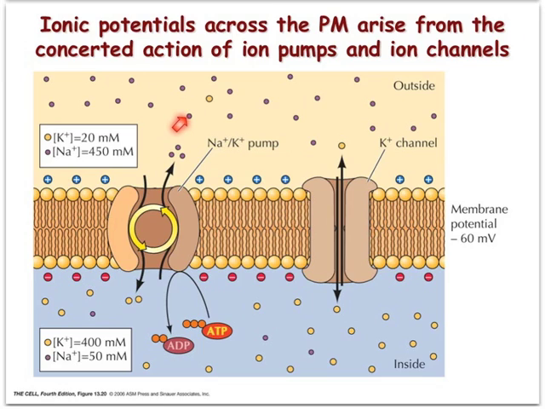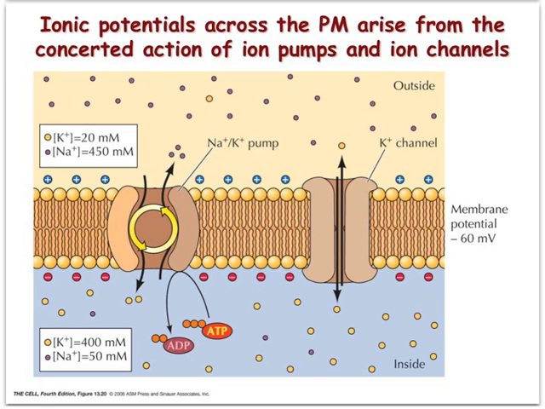Sodium ions are in very high concentration outside the cell, whereas potassium ions are in very high concentration inside the cell. This gradient of sodium and potassium ions is generated by the so-called sodium-potassium pump, shown here.